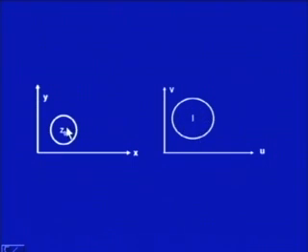So, points here will map to points here. Points in the delta neighborhood of z naught will map to points in the epsilon neighborhood of the limit L. That is the meaning of limit of a function f(z), and this we write as limit of f(z) as z tending to z naught is L.